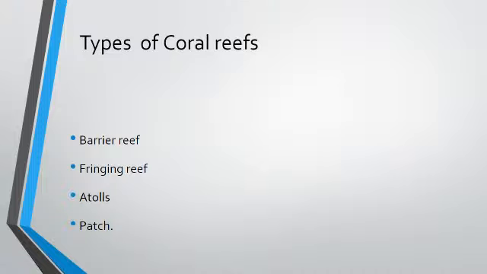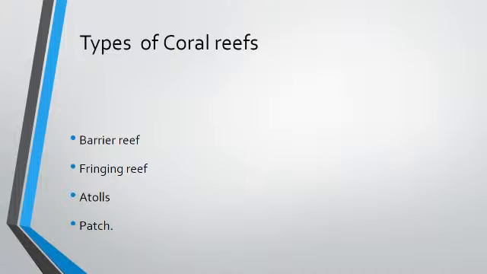All right. Types of coral reef. So there's barrier, fringing, atolls, and patch. Syllabus asks us to look at barrier, fringing, and atolls only. In my opinion, atolls are just the coolest of them all. They are very beautiful. I don't know what textbook you use in your country, but in the textbook Geography for CXC by Guinness, there is a very large, beautiful atoll on the front of that textbook.